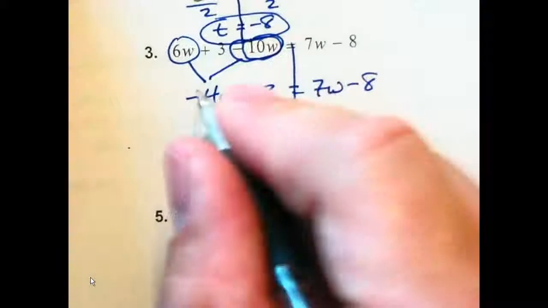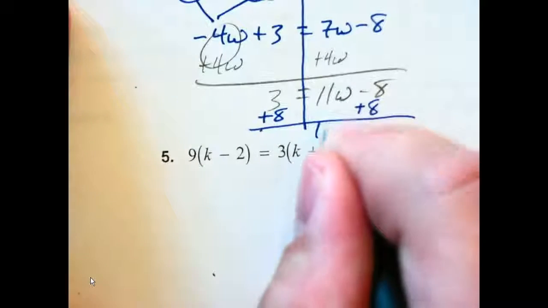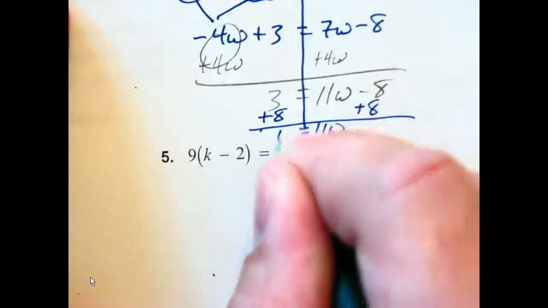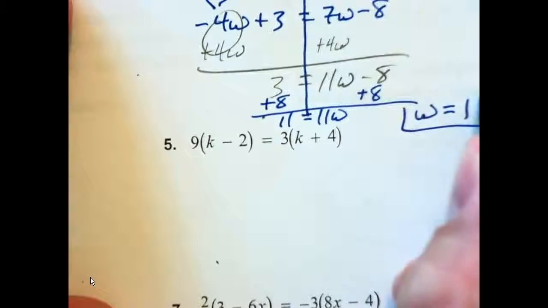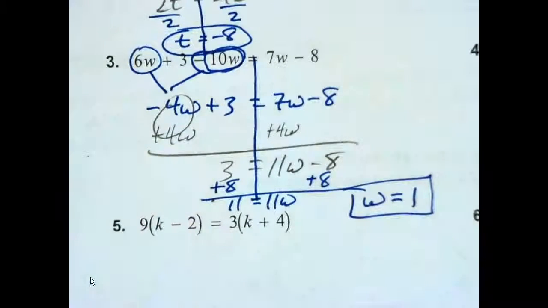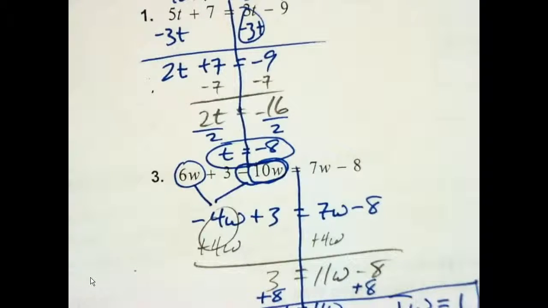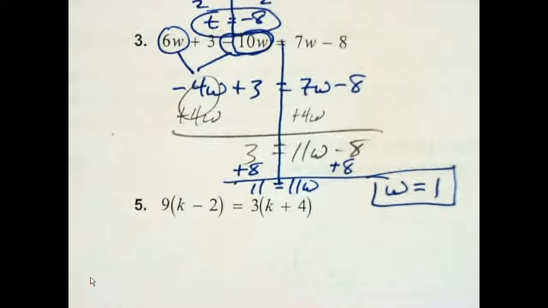Collect our variables on the same side, so I'm going to get 11w equals 11. So w is 1. All right. What did you get for 1? Negative 8. All right, any questions there? How many got 3 correct?